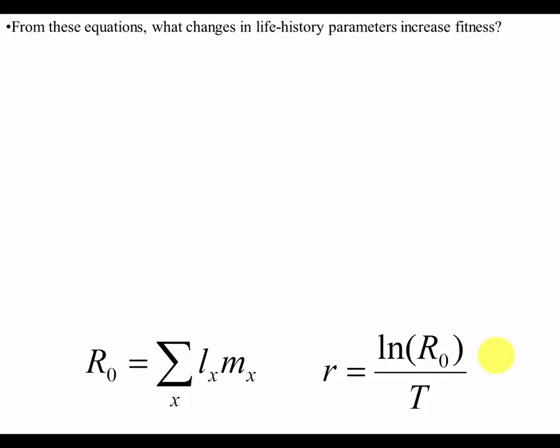There's one more way that you can increase fitness, and this one is surprisingly powerful. It's actually more powerful than changing survivorship or fecundity. It's changing generation time. Notice that both survivorship and fecundity go into big R sub 0 here. But over here, when you're calculating little r, you're taking the natural log of this number, and that makes changes in these variables much less influential.